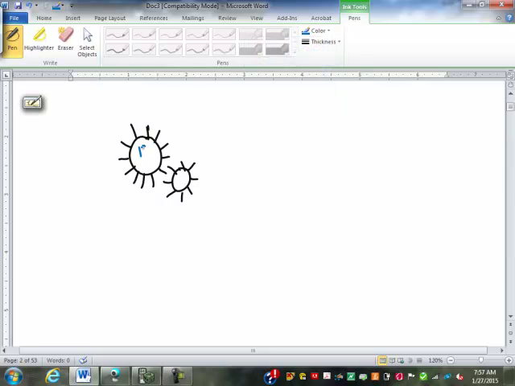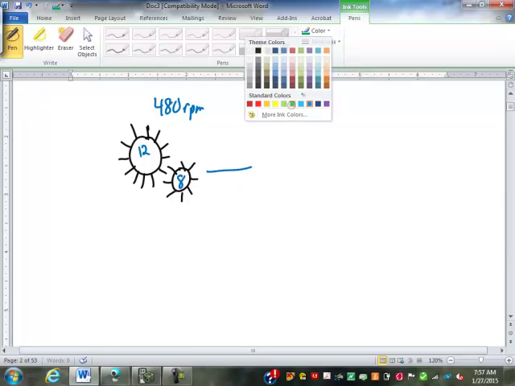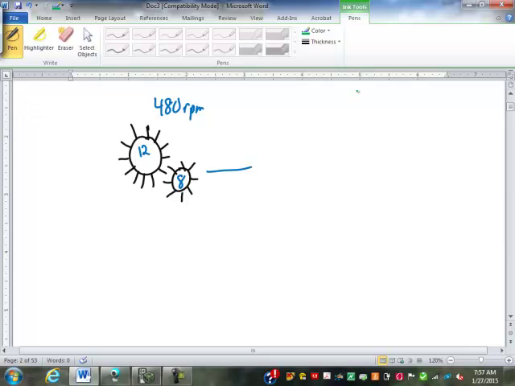Of course, this one has 12 teeth and this one has 8 teeth. If the 12-tooth gear is operating at 480 RPM, how fast does the 8-tooth gear have to go? Is it going to be going faster or slower? It's going to be going faster. It has less teeth. It's smaller, so therefore it has to have more RPMs, faster.